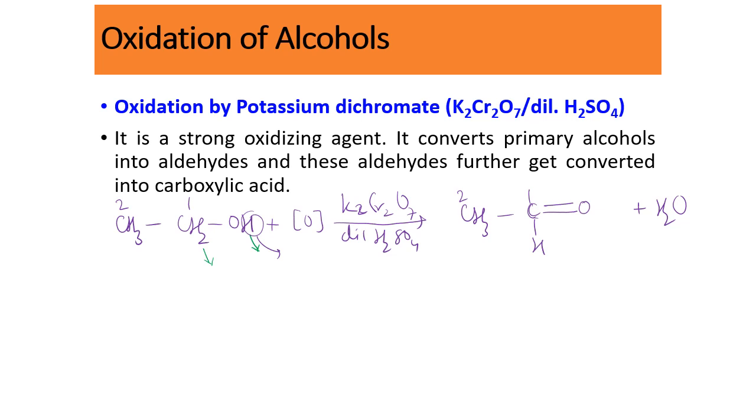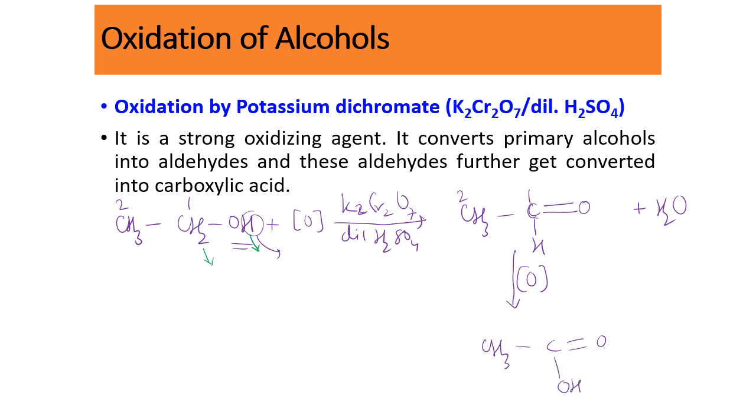As of now, what you are supposed to understand is to lose the hydrogen from the hydroxy group, that is the OH group, and its immediate neighboring carbon. However, as I have told you, dichromate is a strong oxidizing agent, so further oxidation will take place. On the arrow you put another oxygen, and what you will do is convert your aldehyde functionality into OH.